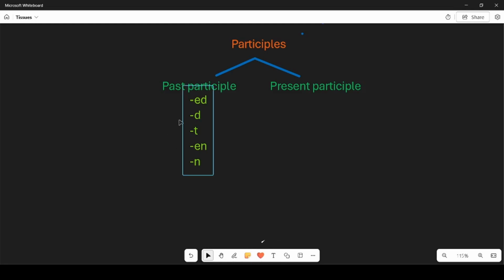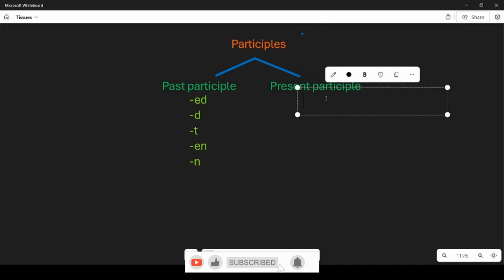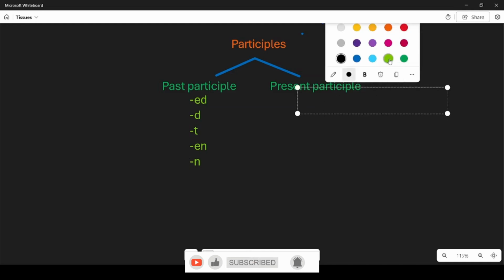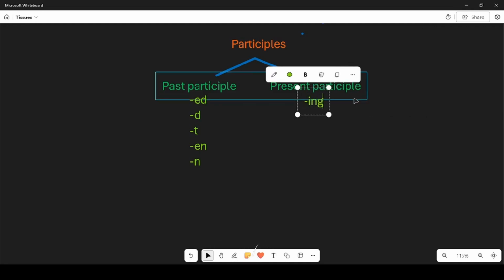So these are the past participles. Now present participles always end in only one way, that is ing.